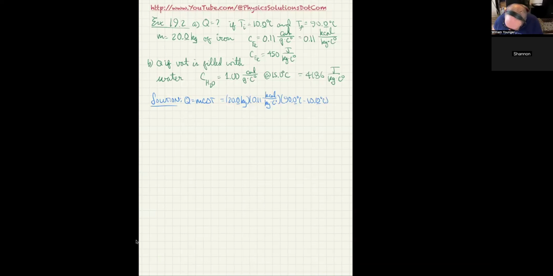So I'll take 20 times 0.11 times 80, and that gives me 176, which is one extra sig fig, 176 kilocalories. So that's how much heat it takes in calories. Of course, we can go ahead and convert that to joules by 1 kilocalorie.